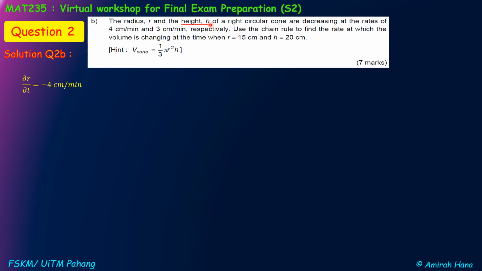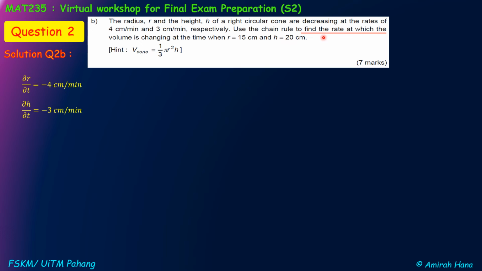After that, height h decreasing and then 3 cm per min. So we can write del h over del t equals to negative 3 cm per min. And the word here is decreasing, so we put negative symbol here.